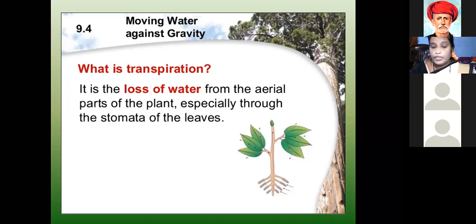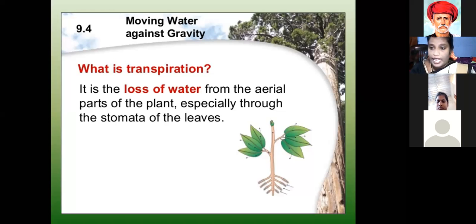Stomata are arranged in the upper part of the leaves. The leaves have hole-like structures, which we call the stomata. It helps in the transpiration process also. Transpiration means we send materials through all parts of the plant, not only food materials, but water, minerals, salts, everything like that.